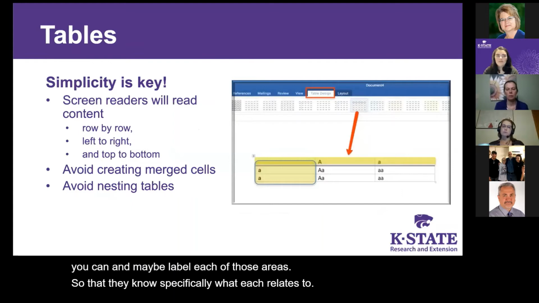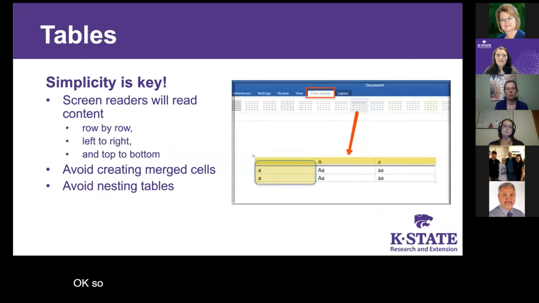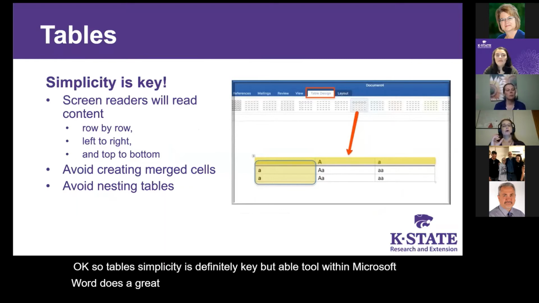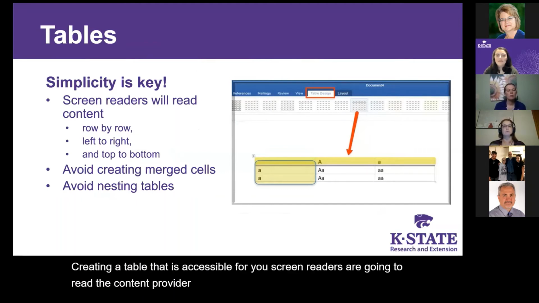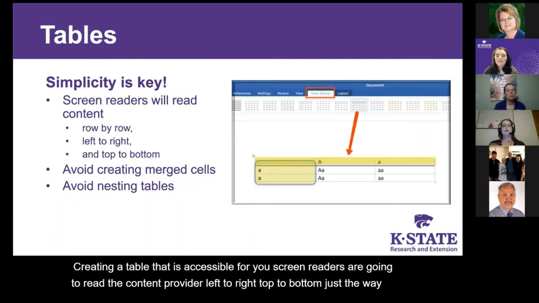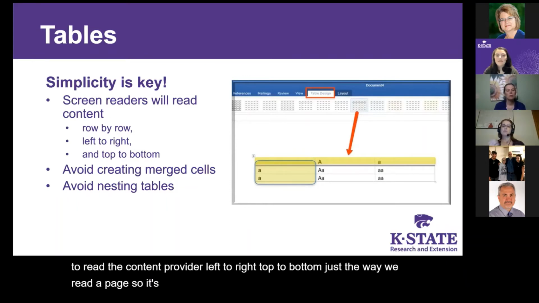Okay, so tables. Simplicity is definitely key. The table tool within Microsoft Word does a great job of creating a table that is accessible for you. Screen readers are going to read the content row by row, left to right, and top to bottom, just the way we read a page. So it's important that we avoid making those too complex.